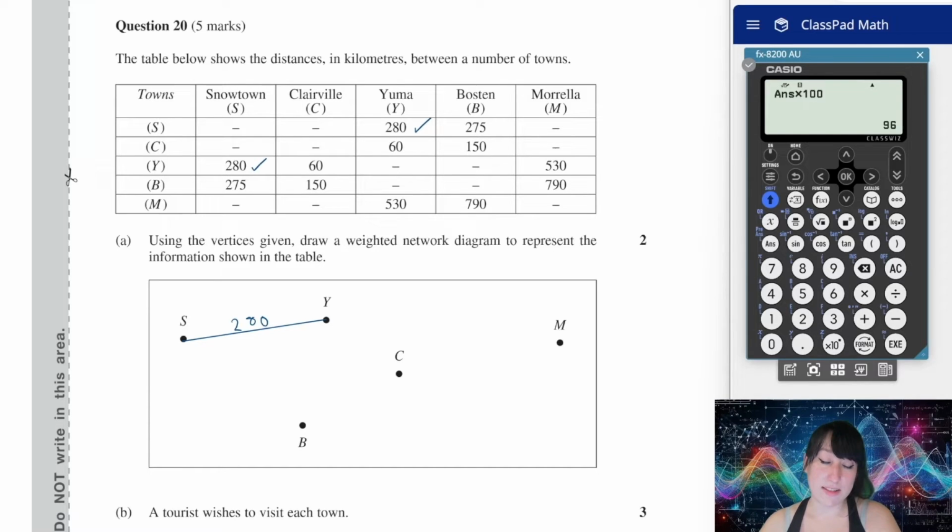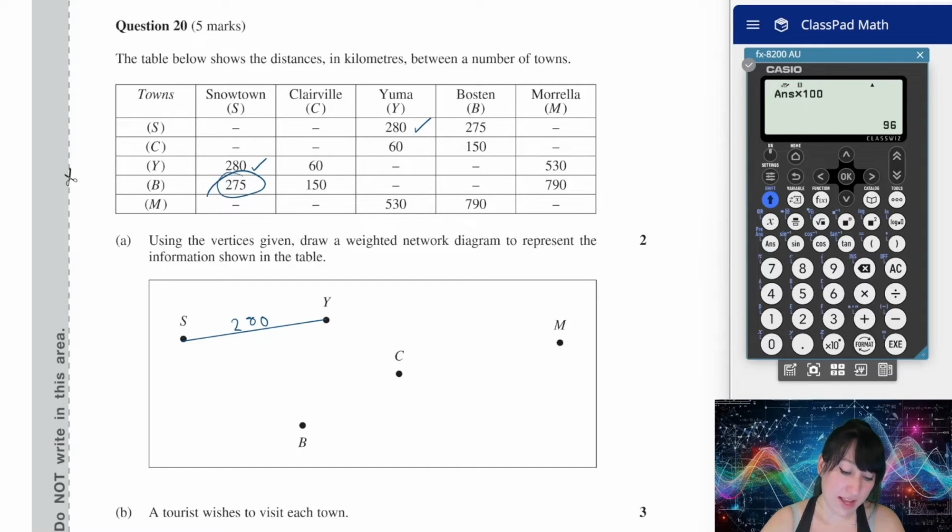Remember that these types of tables, if they're not directed, are symmetric. So if we look at the column for Yuma, we'll also see it connects to town S with a weight of 280. So we've already taken care of that. Next, if we're on the left going down, we'll look at Snowtown connecting to town B, which is Boston, and that has a weight of 275.